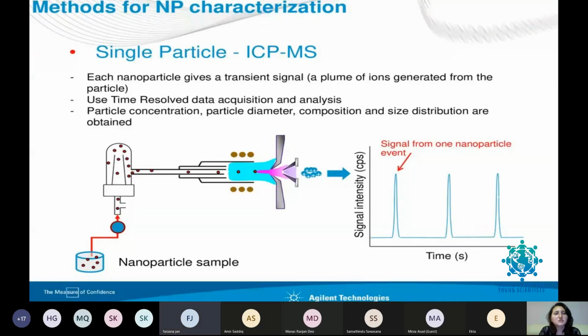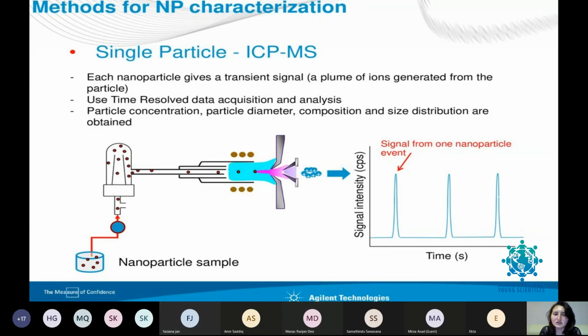Which methods for nanoparticle characterization do we have? This is single particle ICP-MS, as I told. But what is single particle ICP-MS? Each nanoparticle gives a transient signal, a plume of ions generated from the particle, but we use time resolved data collection and analysis.